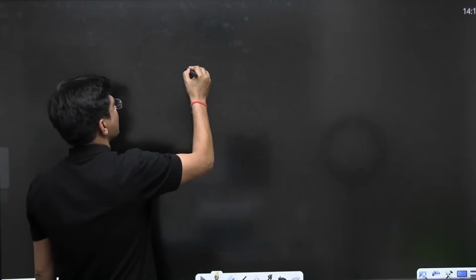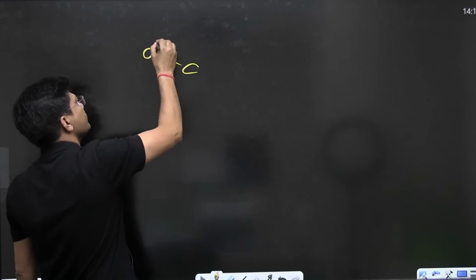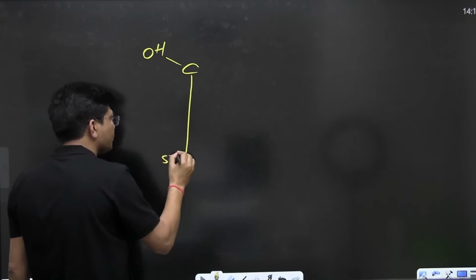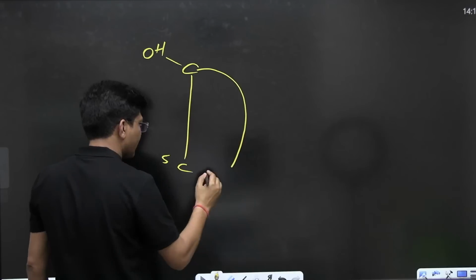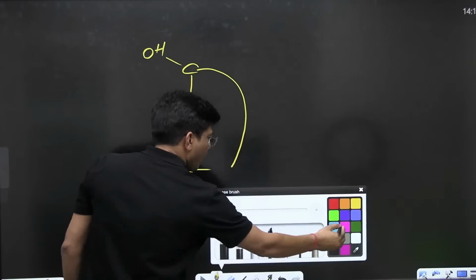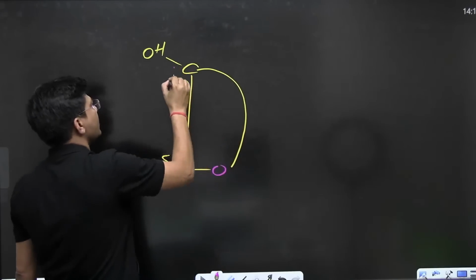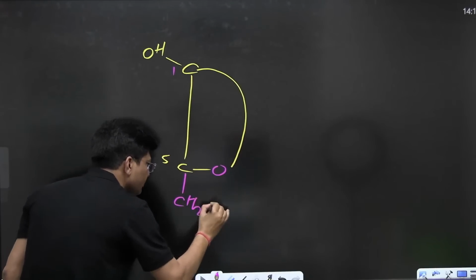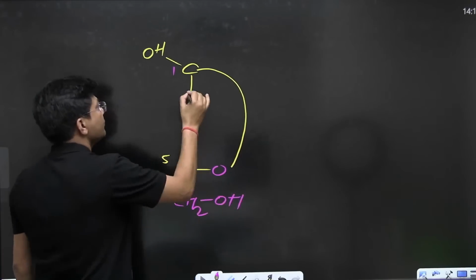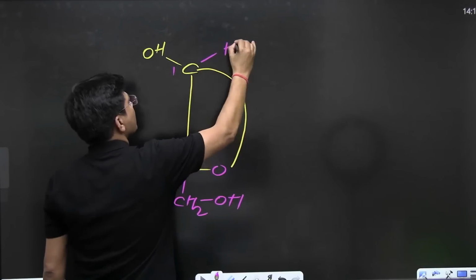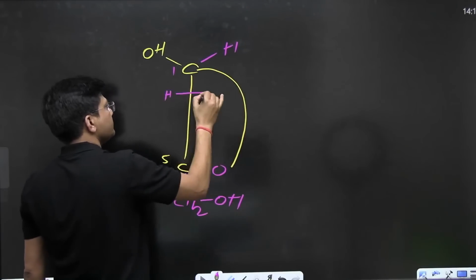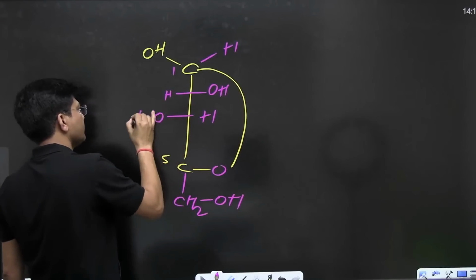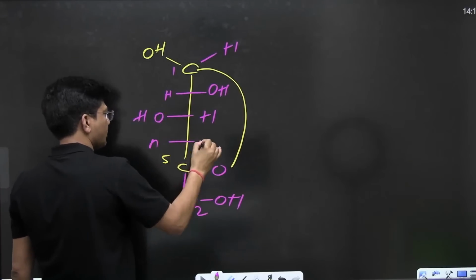See, CHO, and the 5th carbon, and this is that same oxygen, the 1st carbon and the 5th carbon, and here is the 6th carbon. This is your 2nd carbon, this is your 3rd carbon, this is your 4th carbon.